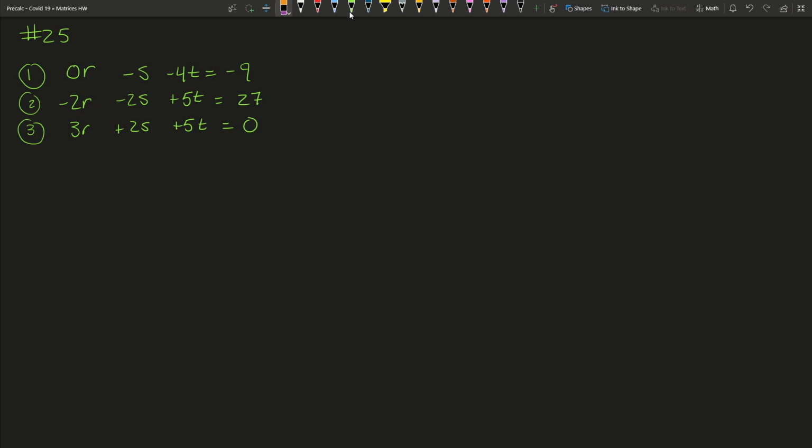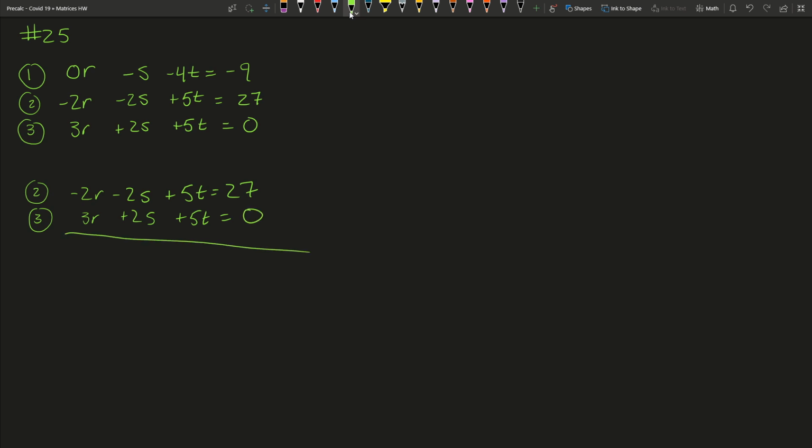In order to do that, I noticed that the second equation and the third equation have the same sign and the same coefficient. So I'm going to pick both of those to eliminate s. To eliminate s, all we have to do is add down.